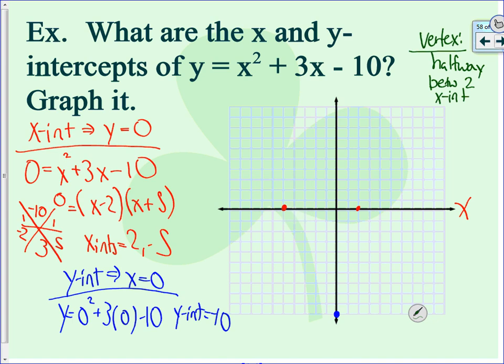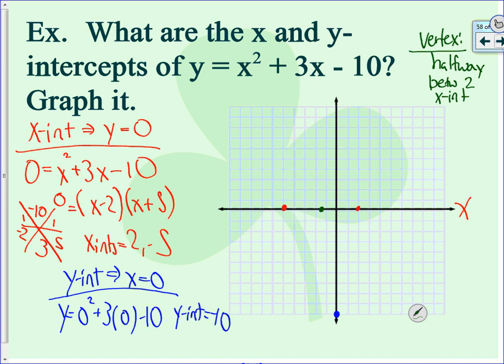Ashley? Negative 2 is here. And you can kind of visually look. I'm 3 away from this one, but this one I'm 4 away. So here's negative 1. Negative 1 and 1/2.